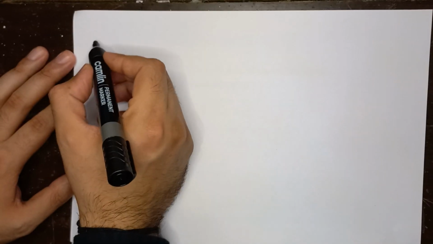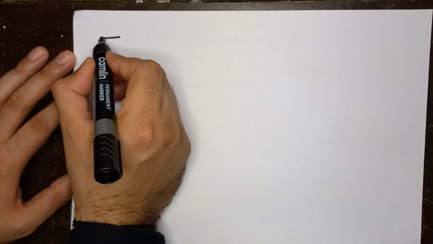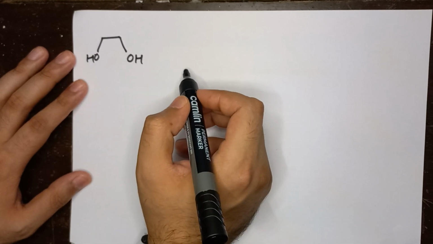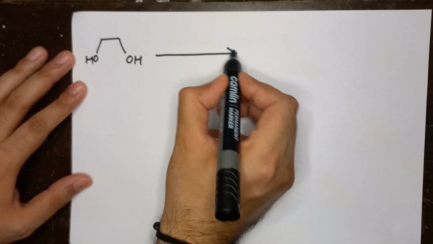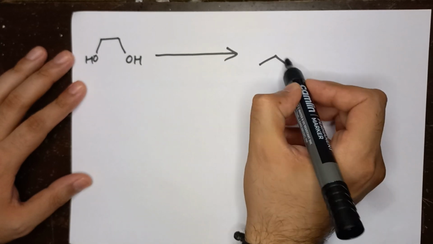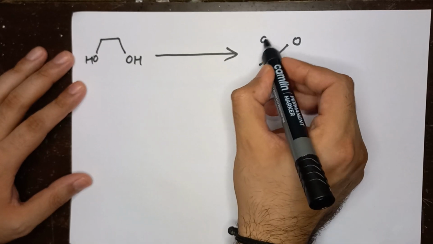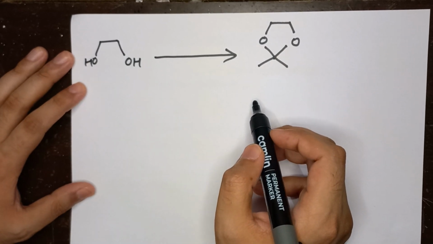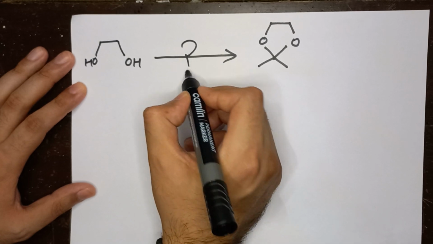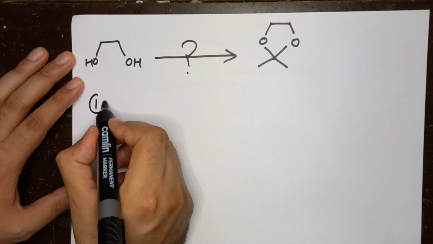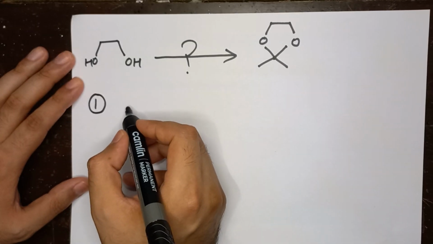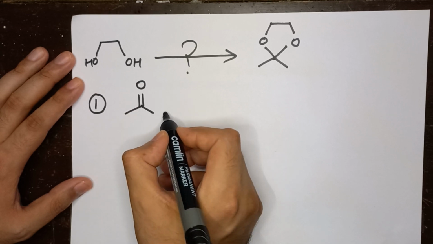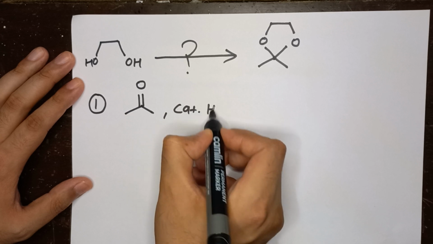Suppose this is my vicinal diol and I want to protect it. So I have to form an acetal or ketal. To bring about this change, we have three reagents. We can use a ketone with a catalytic amount of H plus ions.